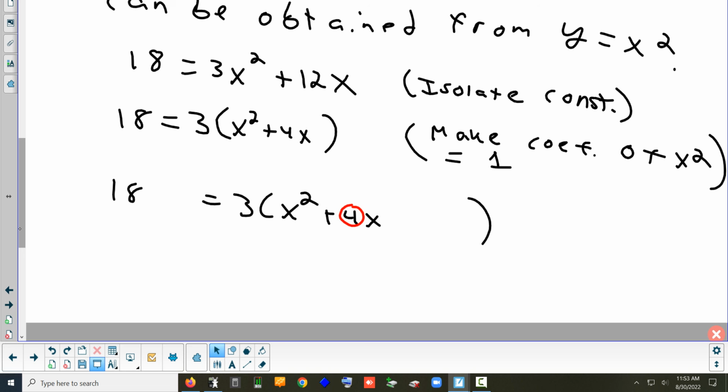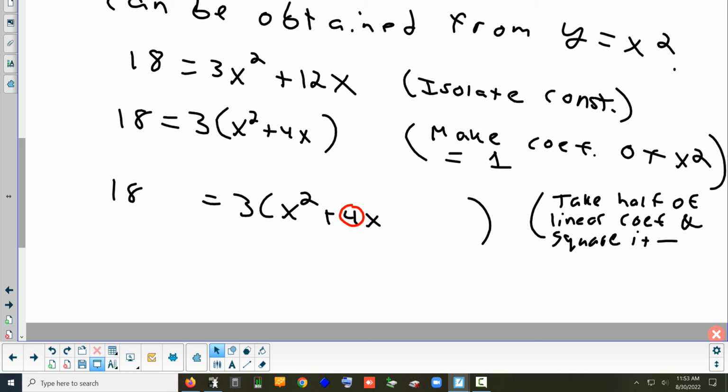That's the linear coefficient. It's the coefficient in front of the variable with an exponent of 1. So what you're going to do is take half of the linear coefficient and square it. And then add that to both sides. That's the step that completes the square.